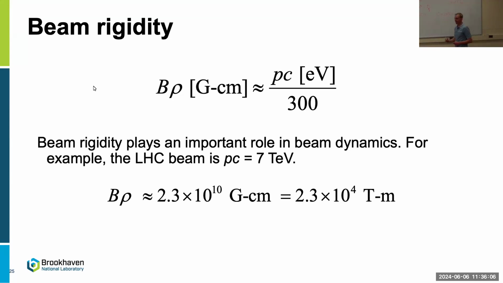So that's what it takes for the LHC beam to complete one circle. In each dipole, you have a portion of a circle, and then maybe a straight line.